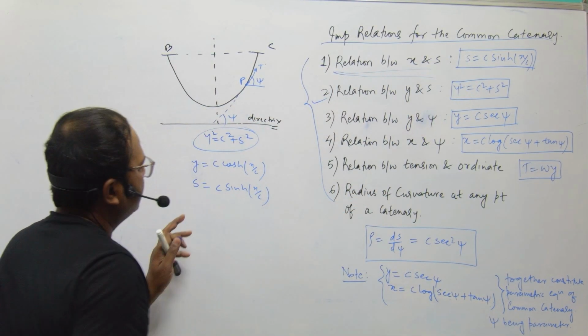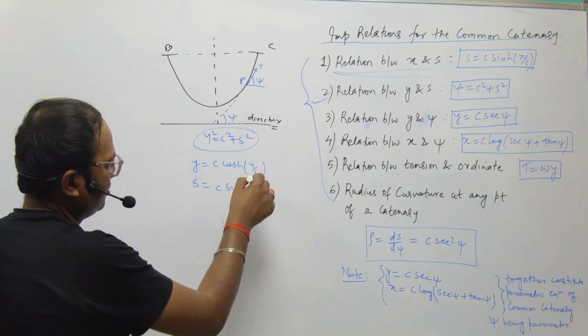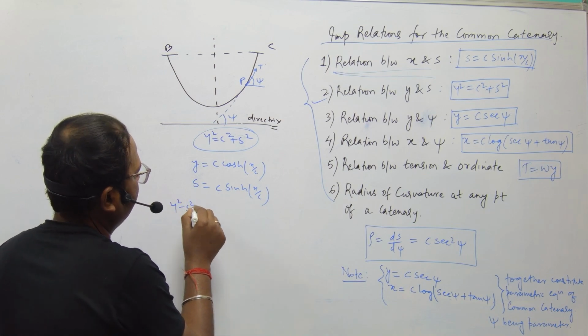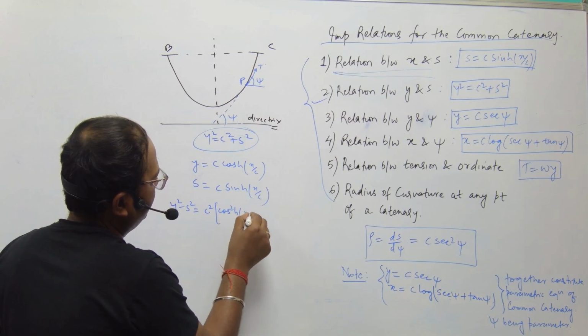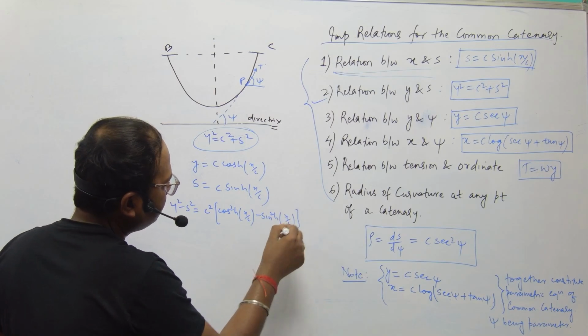Now let us find y square minus s square. This is equal to c square into cosh square x upon c minus sinh square x upon c.